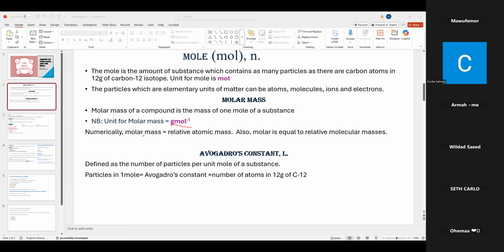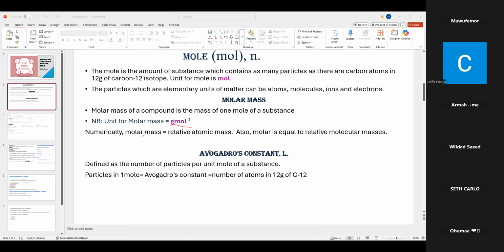Also, one of the key things we look at when we are looking at the mole concept is Avogadro's constant. A quick reminder: this particular Avogadro's constant is normally brought up in the exam because students don't pay much attention to it. So they ask you, define the Avogadro's constant.